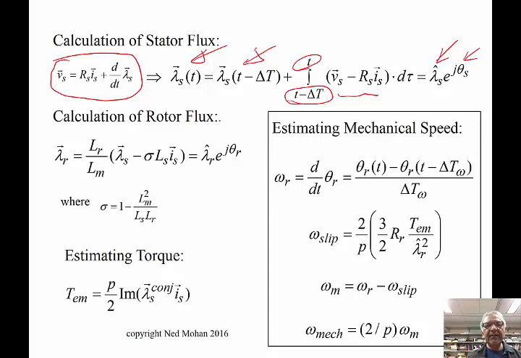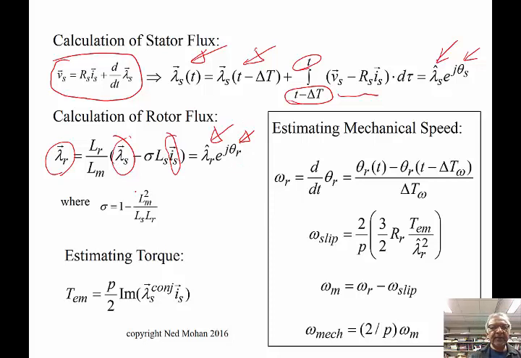We can also calculate the rotor flux, which depends upon the stator flux space vector, which we have just computed, and also the stator current space vector, which we can get by measuring the stator currents as shown in the previous diagram. Again, being a vector, it has an amplitude and an angle, theta sub r, and as you recall, the definition of theta sub r is with respect to the stator a-axis.